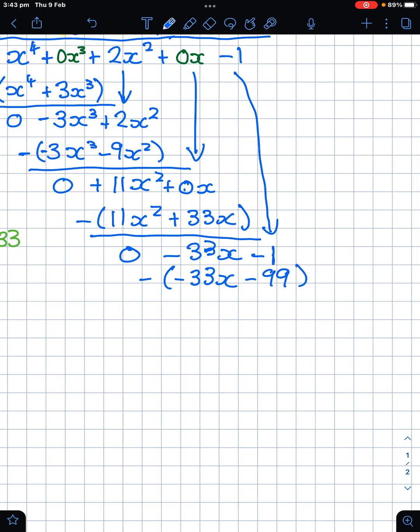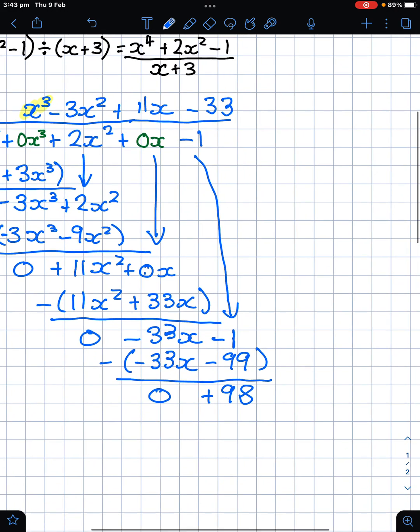And so we're going to have here negative 33x plus 33x, 0, and then we have negative 1 plus 99 gives us 98, and that is our remainder up here.